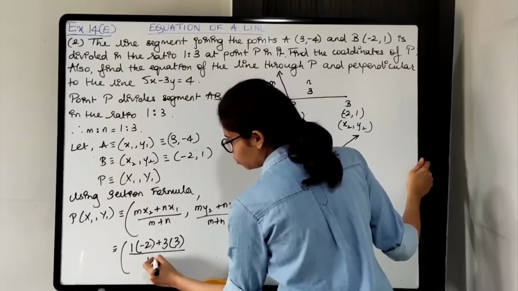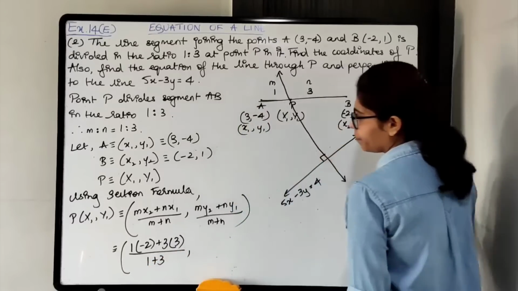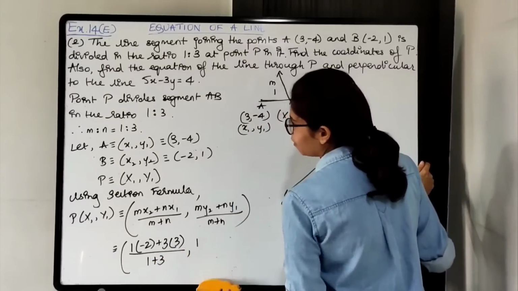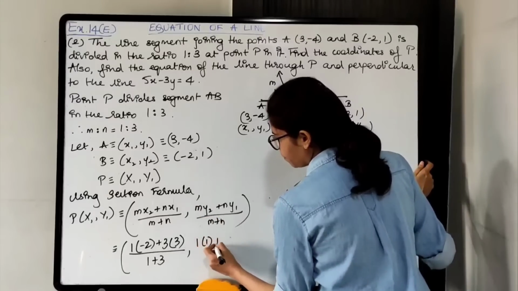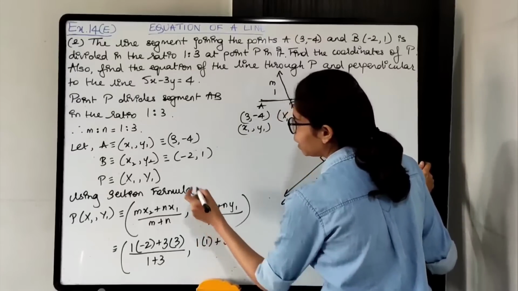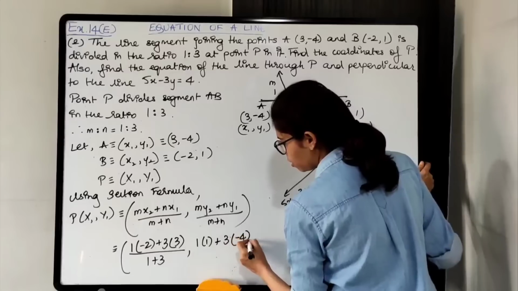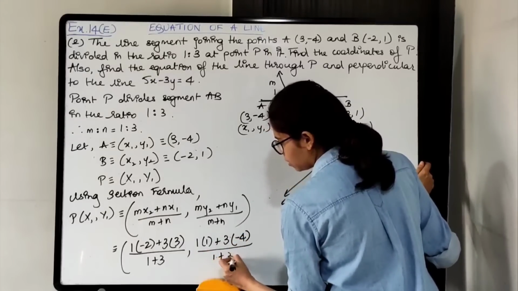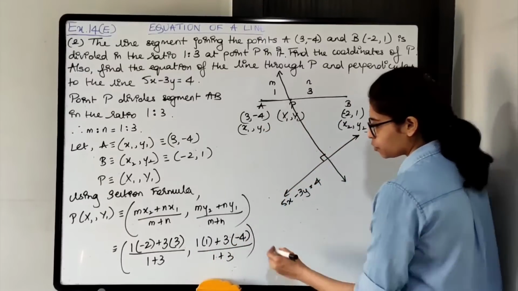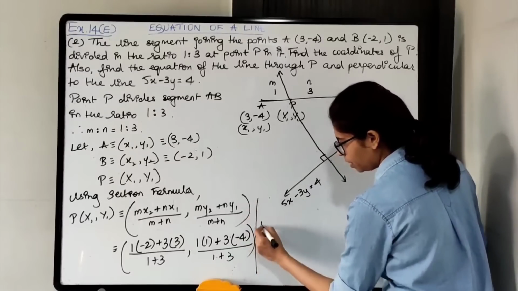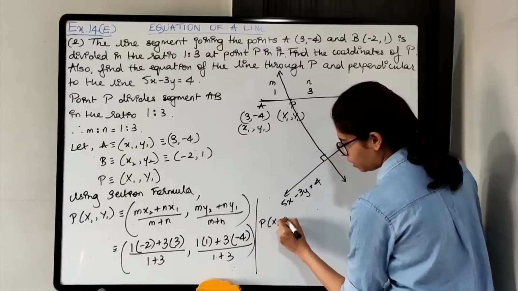Just putting the values. Okay. M is 1, y2 is 1, n is 3 and y1 is minus 4 upon 1 plus 3.